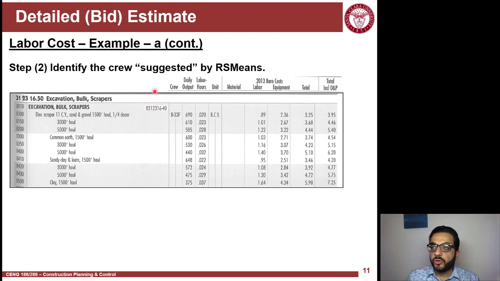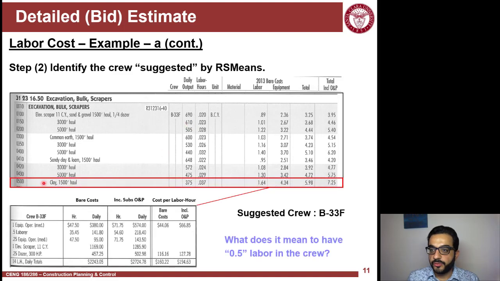Next, you identify the crew suggested by the line item you picked. So for the one we picked here, it's crew B33F. It goes all the way to other line items here. There's another page full of all the crews that you have.